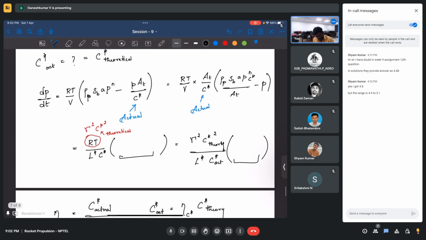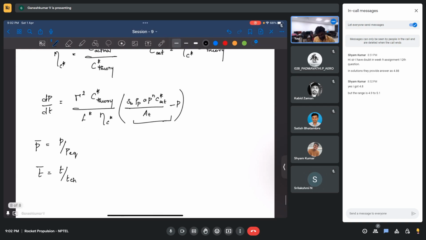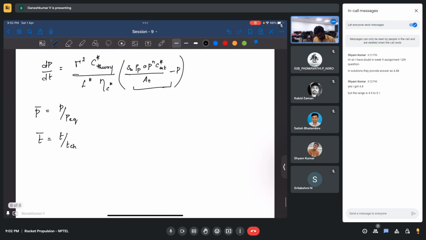And AT minus P. We need to express P in terms of P bar and P equilibrium. If we do that, dP bar by dt bar into P equilibrium by TCH, because T is nothing but T bar TCH, the characteristic time.